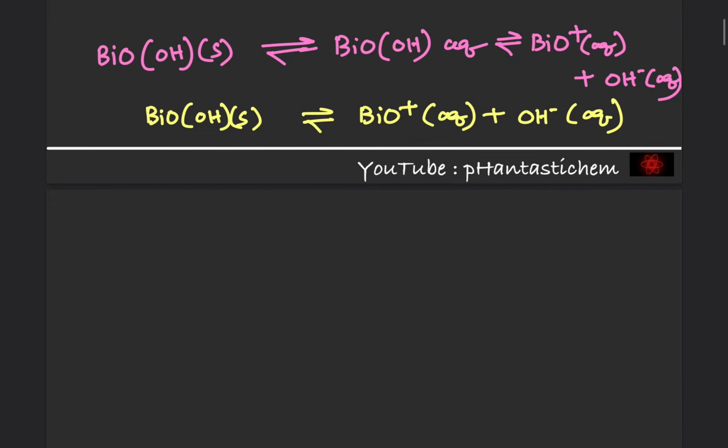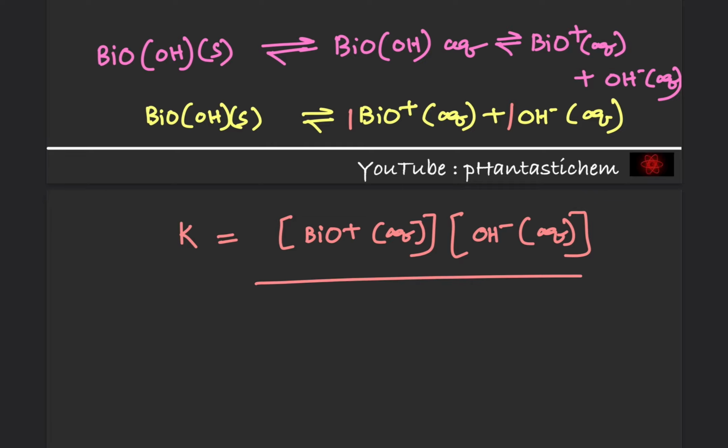Okay, and now applying the law of chemical equilibrium, we have K is equal to the concentration of products raised to their stoichiometric coefficient divided by the concentration of reactants raised to their stoichiometric coefficient. So we'll have BiO plus aqueous raised to the power 1 because the stoichiometric coefficient is 1 for both of them, OH minus aqueous raised to the power 1, divided by the concentration of BiOOH solid raised to the power 1.